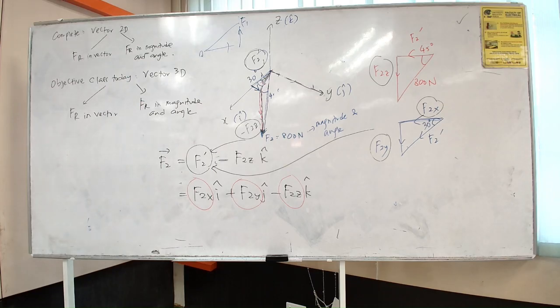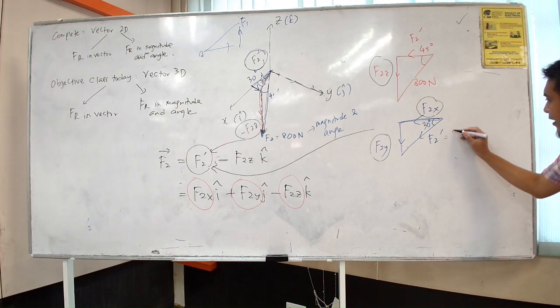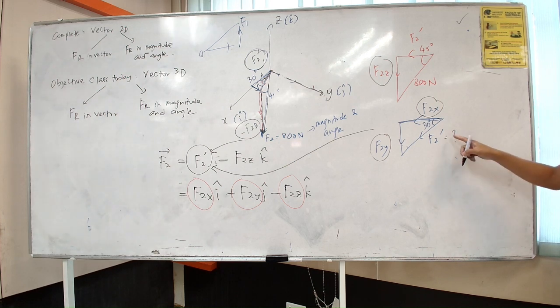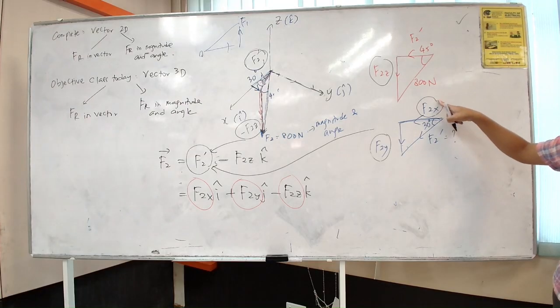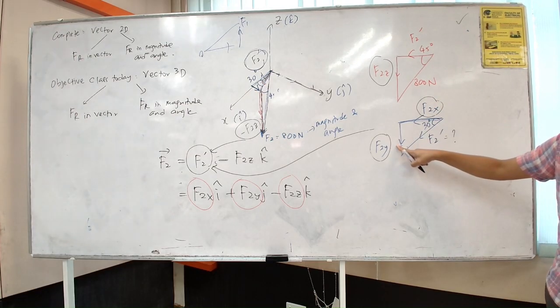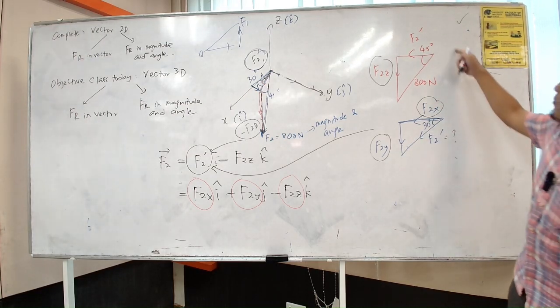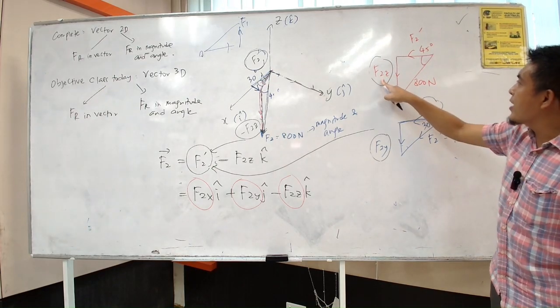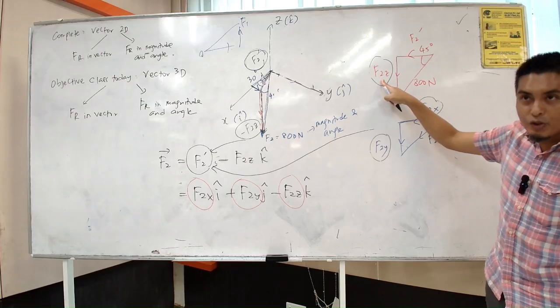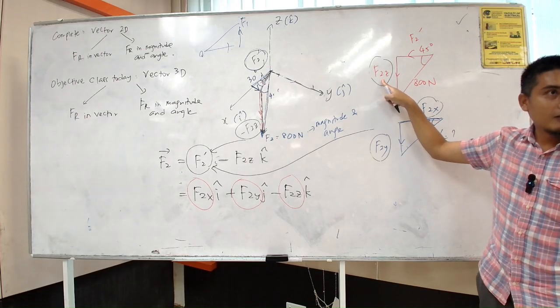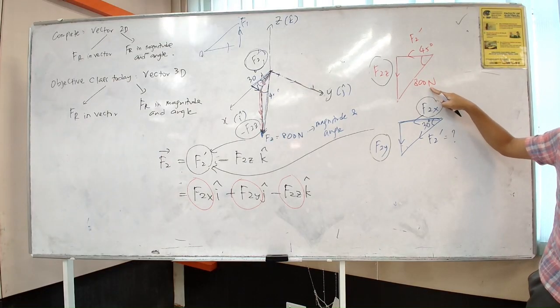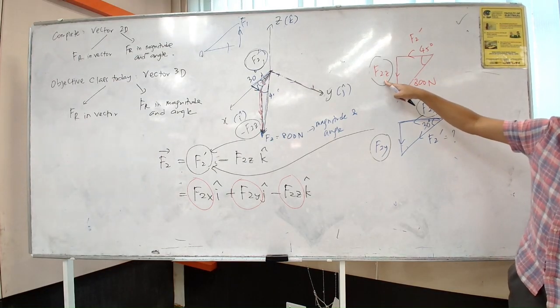You need to know F2 prime value, is it? If you know the F2 prime value, you can calculate F2x and F2y. Okay. Based on this figure, can you calculate F2z? You can calculate F2z because you already have angle and magnitude value.